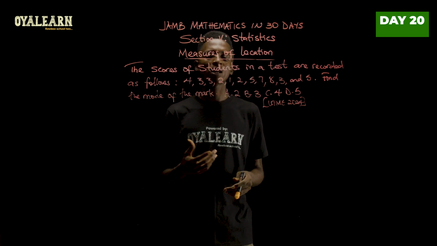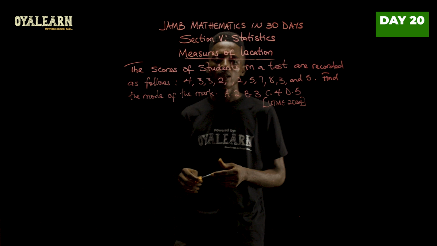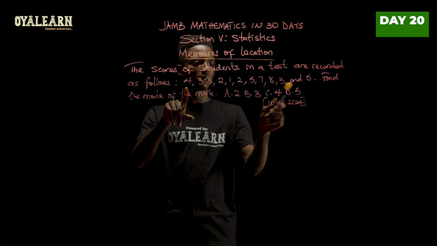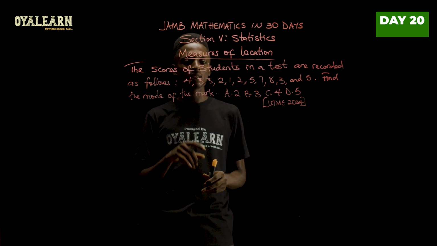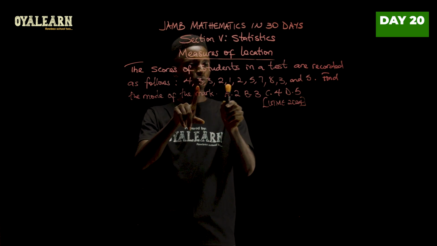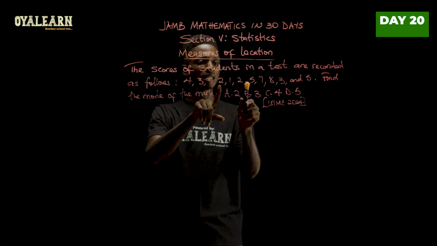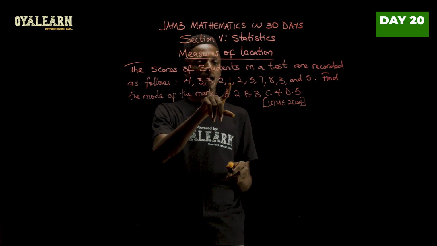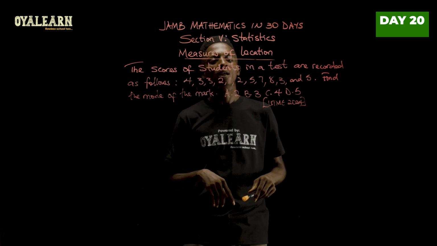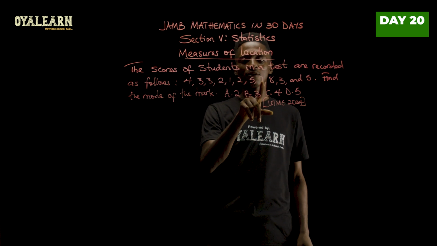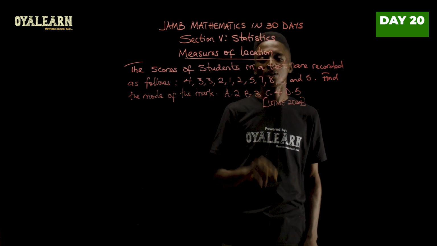So when we begin to look at how many times they appear, we see that 4 appears once. And then when we look at 3, we see it appears 1, 2, 3 times. When we look at 2, it appears twice. 1 appears once. 5 appears twice. 7 appears once, and 8 appears once.